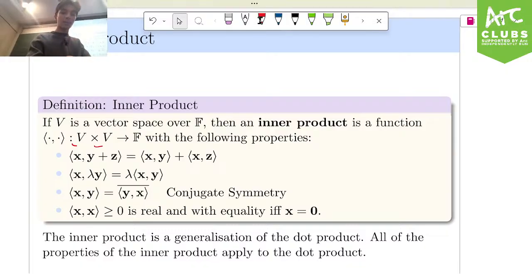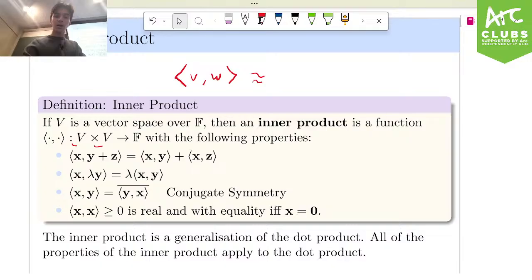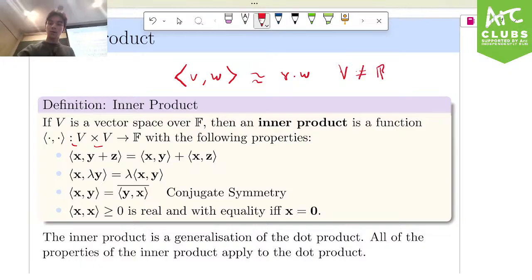So whenever you see something like this, that's our new notation for the inner product. Just think of it as a kind of generalized dot product, except now it's generalized to vector spaces that are not just the two that we're familiar with, right?